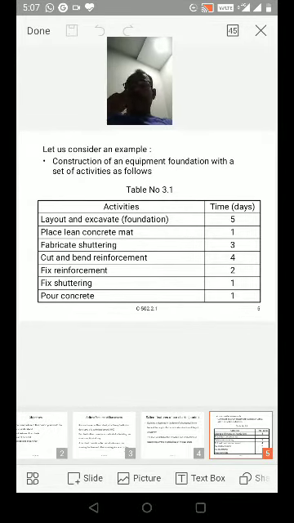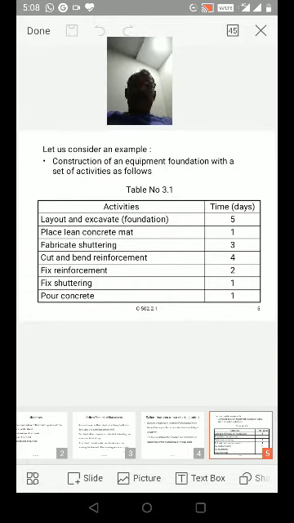Let us consider an example: construction of an equipment foundation with a set of activities as follows, in table form, activities and time in days.